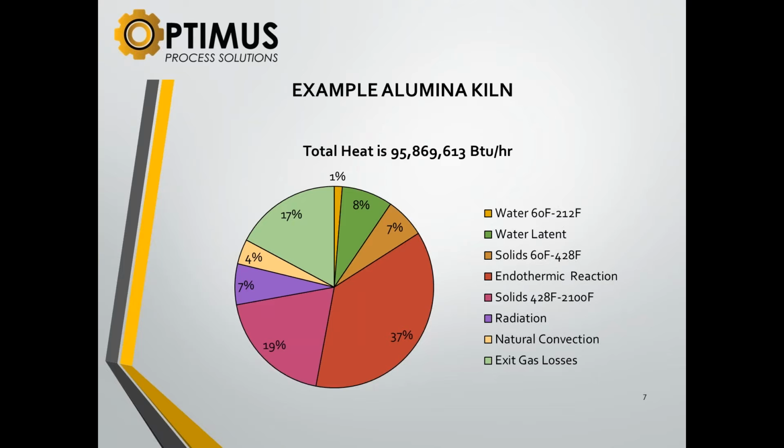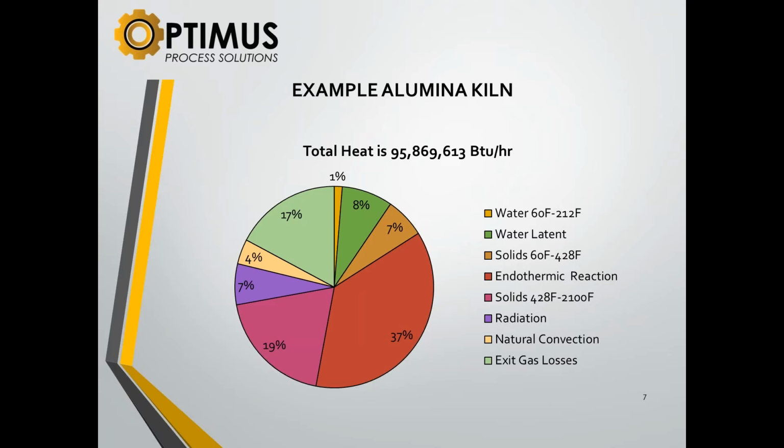You'll see it later, but you can see in this particular case, which is an alumina kiln, 37% of the heat consumption is the process, which you cannot really change. 7% of it is evaporating water, just heating water from 60 to 212 degrees Fahrenheit.